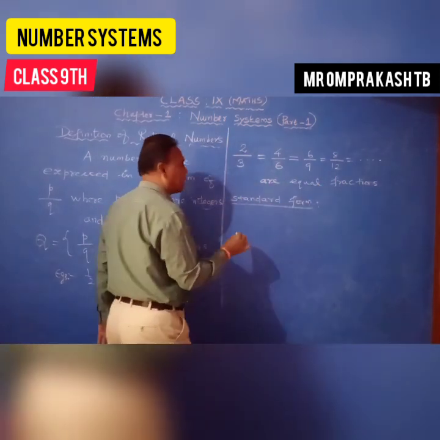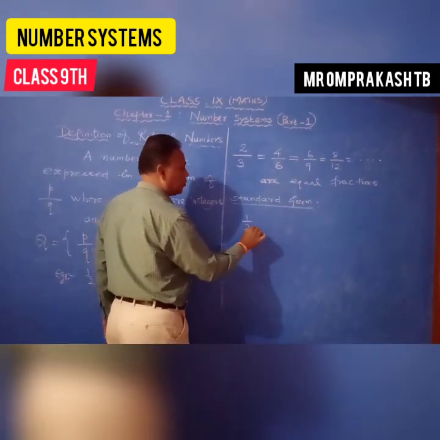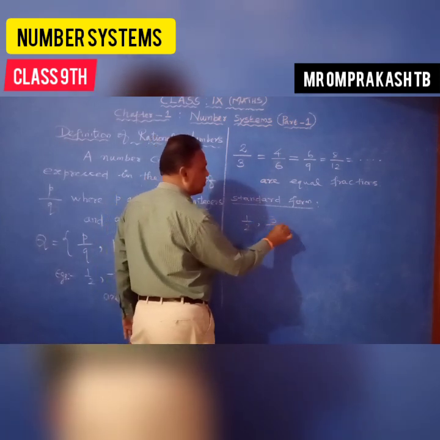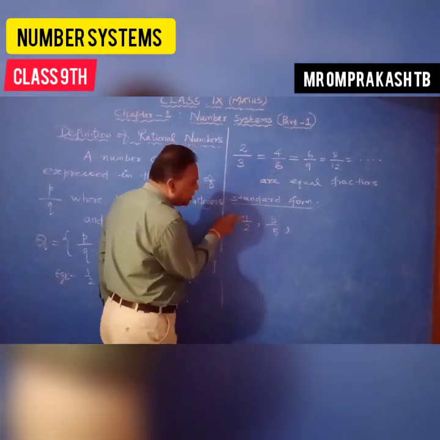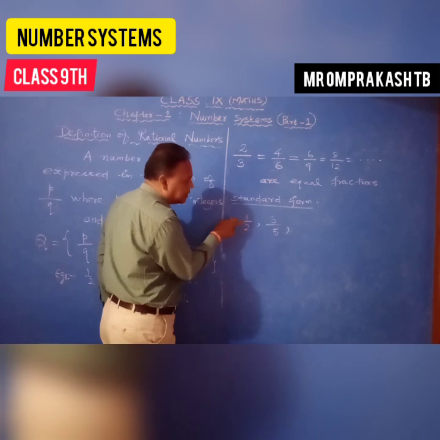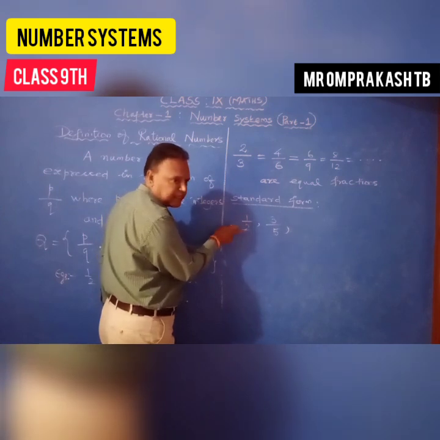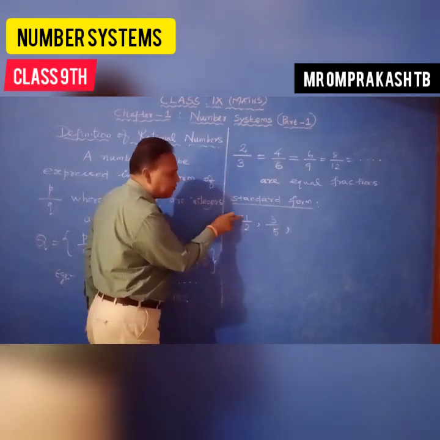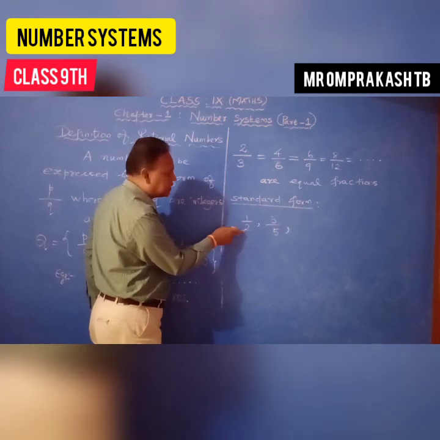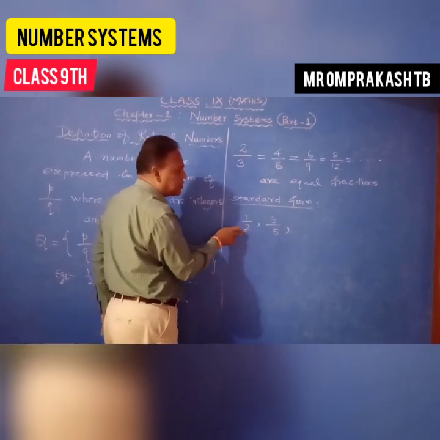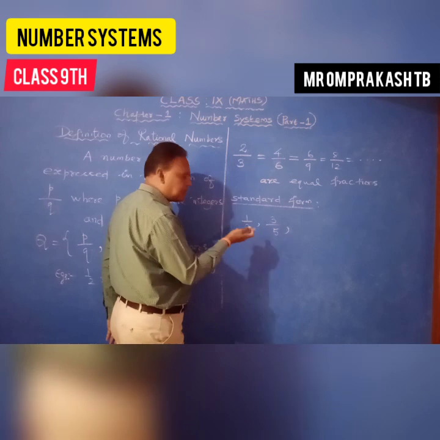Standard form, that is 1 by 2, 3 by 5. You see the numerator and the denominator have no common factor other than 1. That is called standard form of fractions or rational numbers.